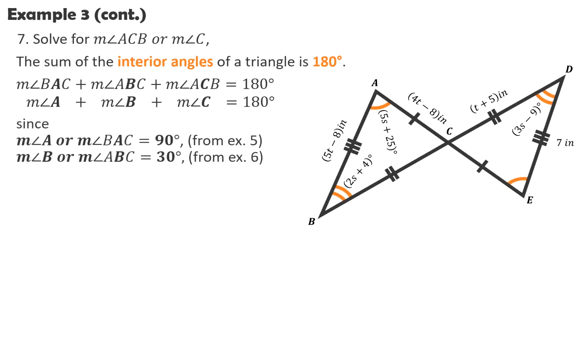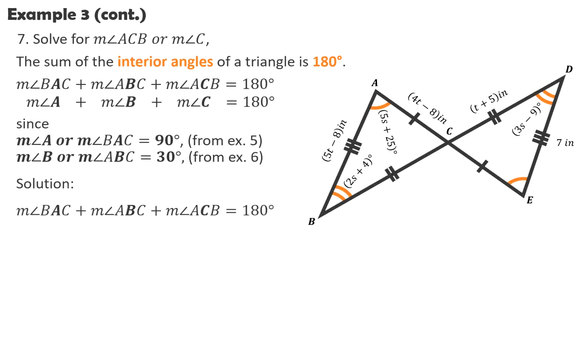Now, dahil na-solve na natin kanina from example number 5 at 6, yung measure ng angle A natin or yung measure ng BAC natin ay equal daw siya sa 90 degrees. And yung measure ng angle B or yung measure ng angle ABC ay equal daw siya sa 30 degrees. Dahil given na yung dalawang angle natin, paano natin masosolve yung measure ng angle ACB?